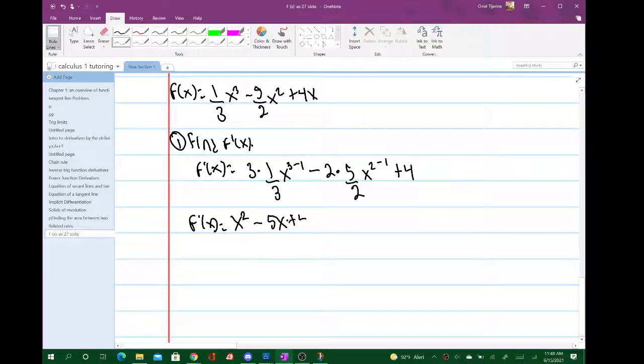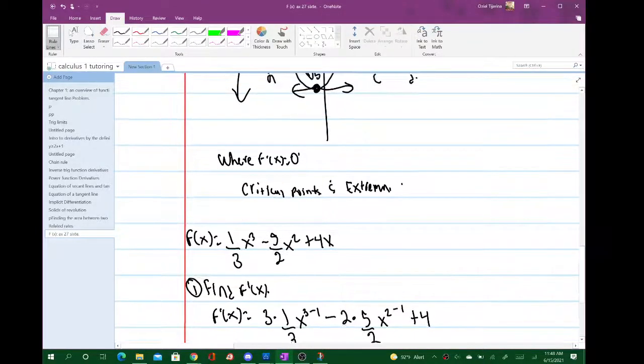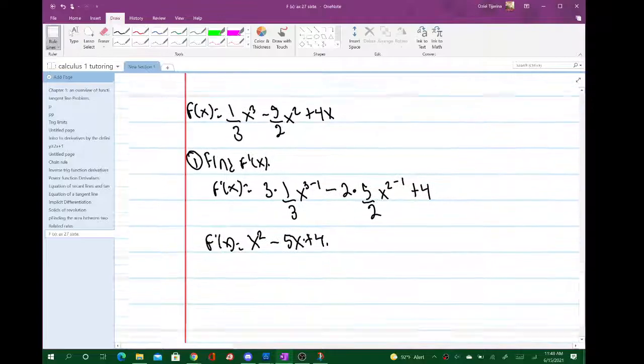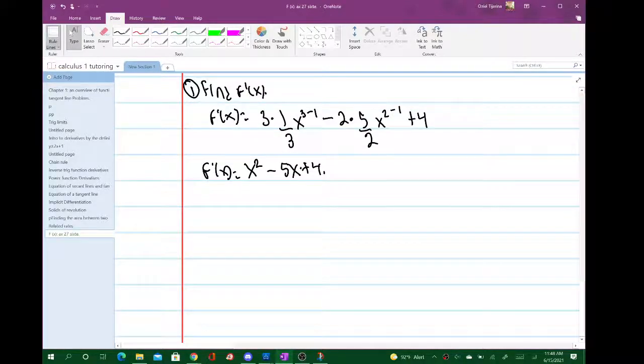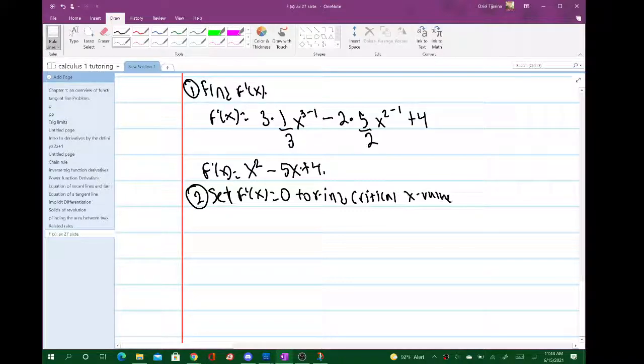plus 4. Now, to find the critical points, you have to set f prime of x equal to 0, and solve for x to find the critical x values.